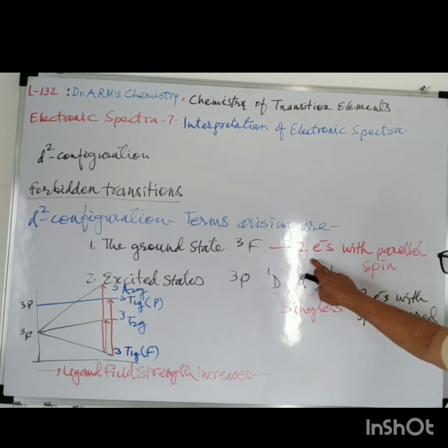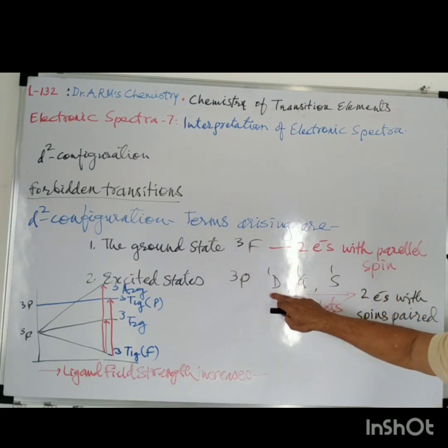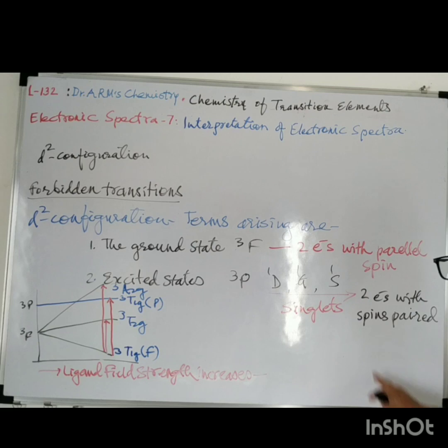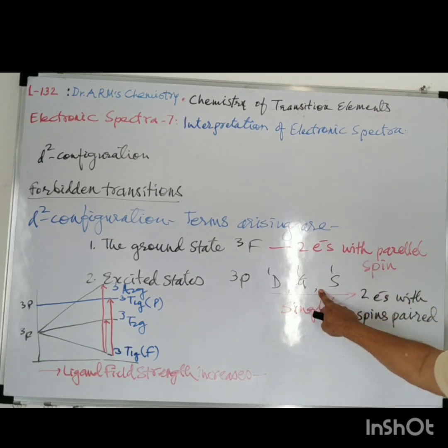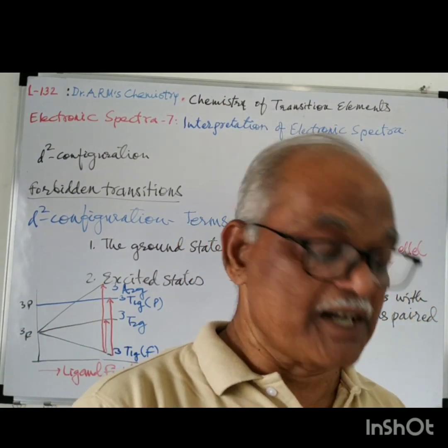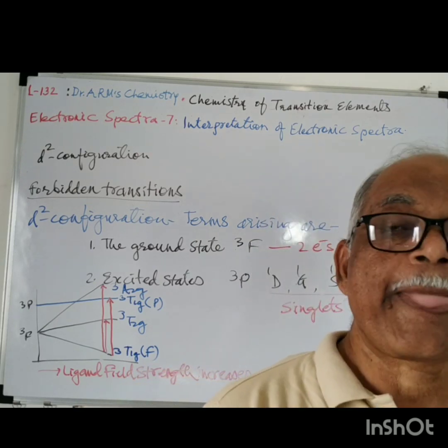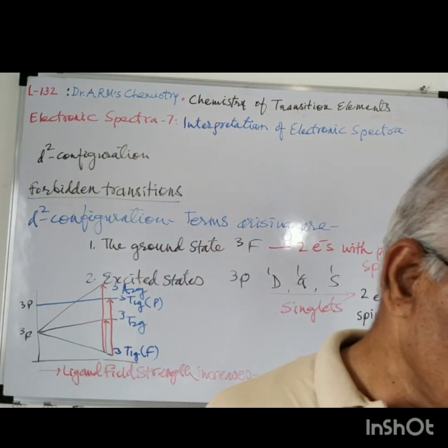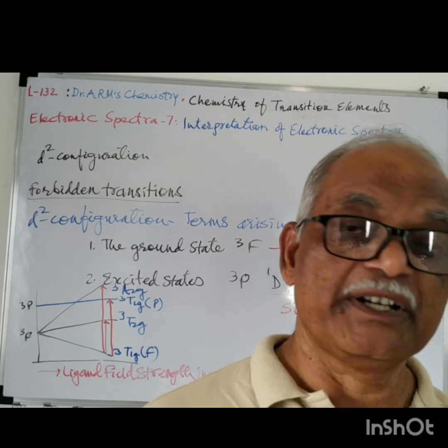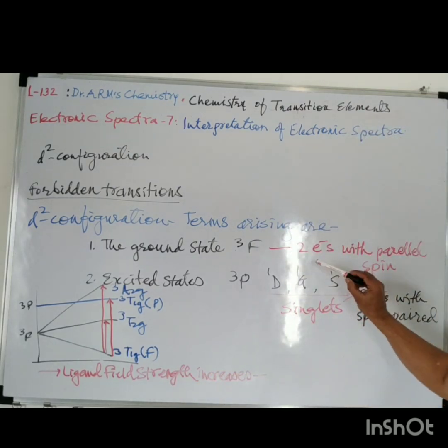Because the electrons in the 3F and 3P have parallel spins, so excitation from 3F to the singlet states involves spin pairing, and the interaction between spin and orbital is very weak, so it does not involve absorption of more energy.